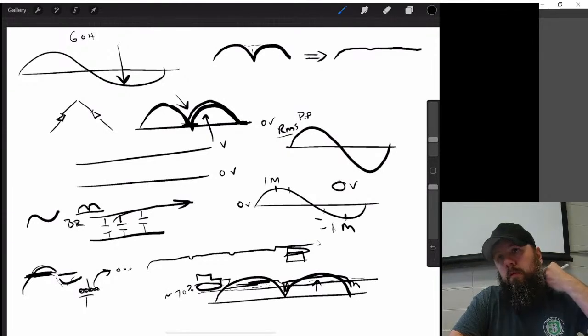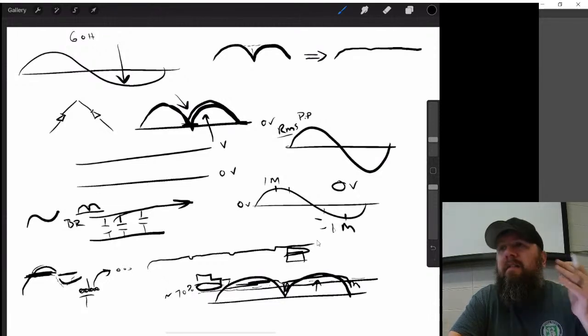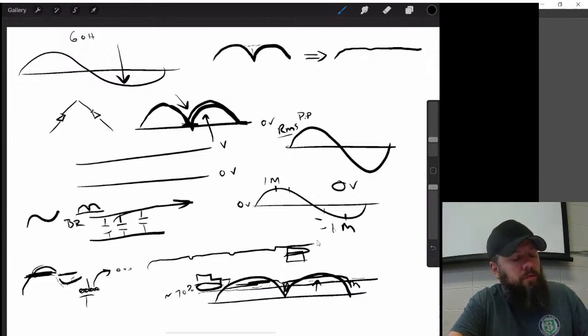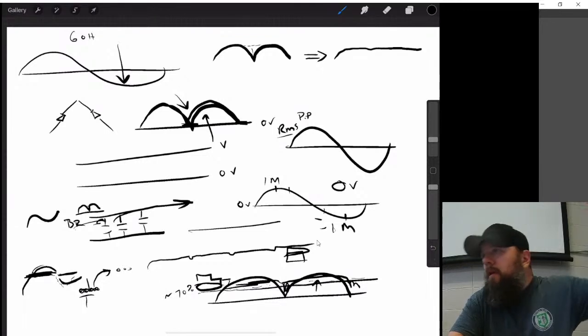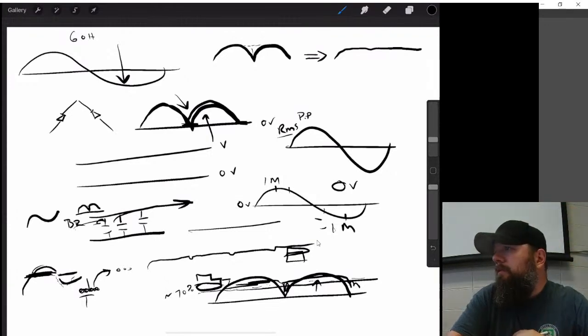So RMS is the DC equivalent of how much power that AC signal can do. Okay. And it's a better indicator of the energy that I have available to me. That's exactly what we're doing with these capacitors: we're converting that sine wave into a straight line, right? And we're basically taking those peaks and scooping them into the valleys until we've got a flat surface. Okay?